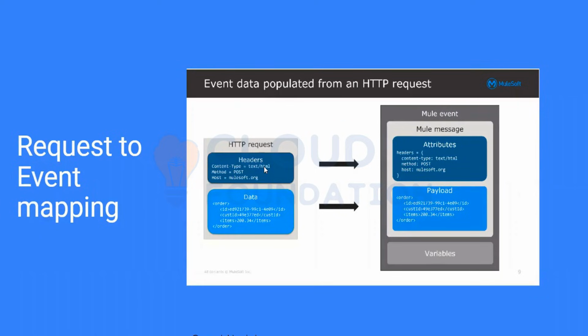So it takes the header from the HTTP request or an incoming request and puts that header section into the attributes section in the new limit. The data section, the data payload, is copied to the payload section. And initially variables are empty.